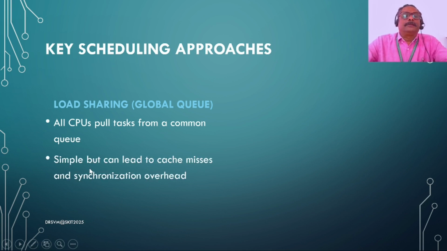So it is simple, but definitely can lead to cache misses and synchronization overheads, because as we discussed a few minutes back, if we are talking about something like round robin, then a task performed by one CPU may next time be performed by some other CPU.